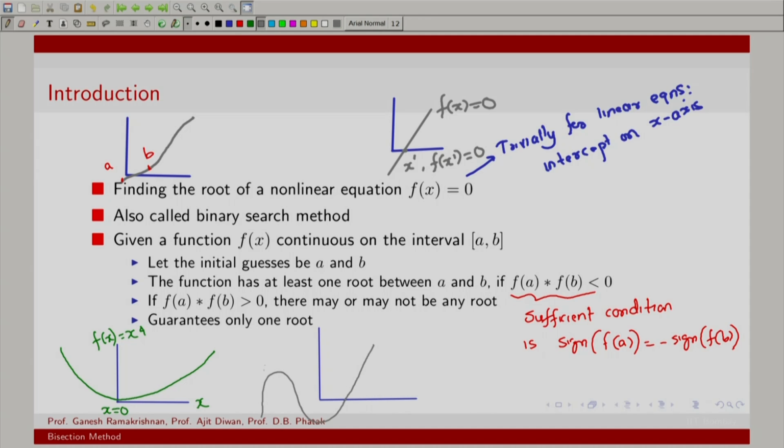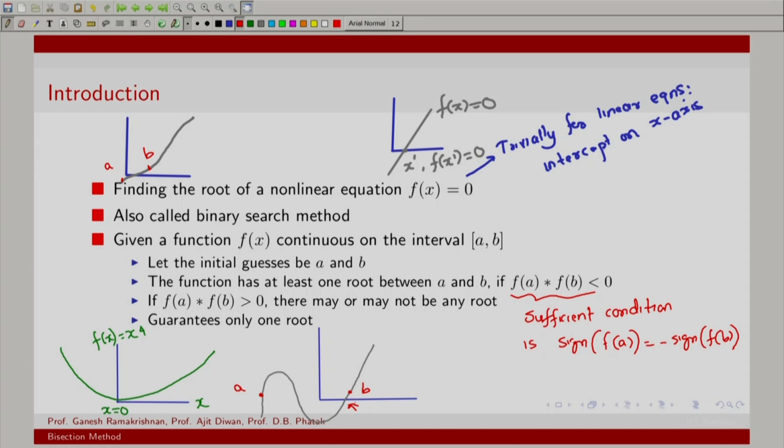Now, it is possible that your initial choice of a and b are such that they cover two roots, but only one root is guaranteed to be found using the bisection method, and we will see why.